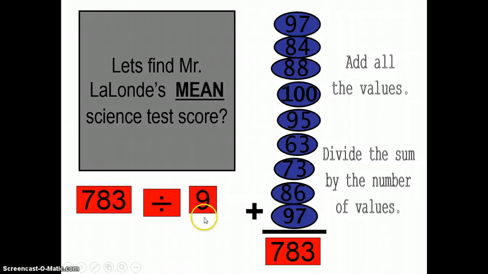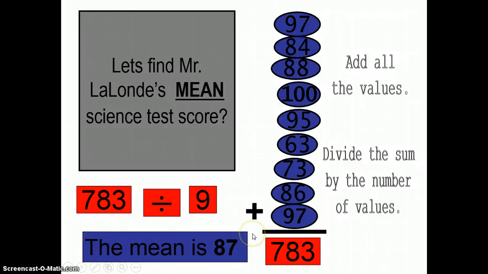So 783 divided by 9 is 87. So my average test score on all of these tests is 87, so like a B plus. And you can see that, yeah, I have 100%, but I also have a D on a test, so I struggled on a few of them. My average or my test score grade would be a B plus. All right, so again, adding them up, divide by the number of terms.